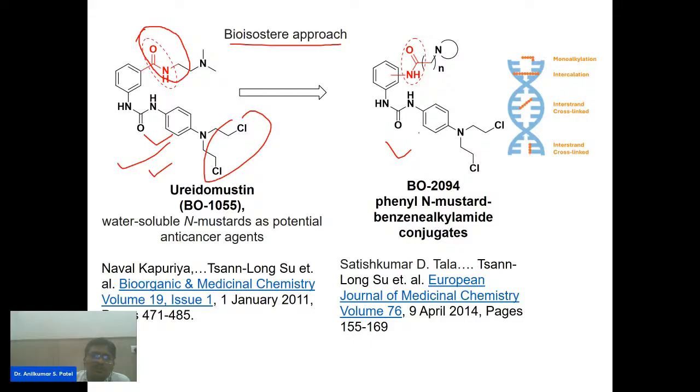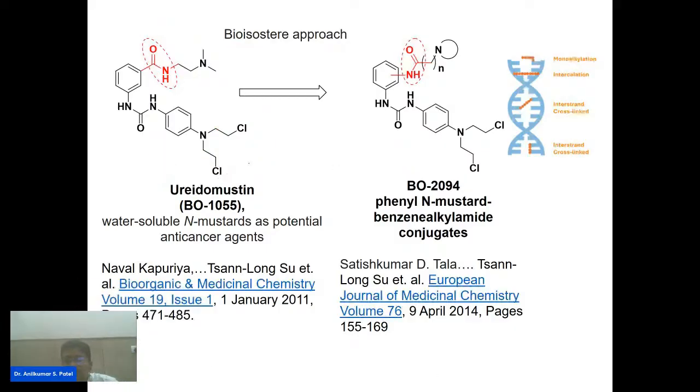BO1055 is a water soluble compound, and BO2094 is also water soluble. Water solubility is very important because, for molecules in our body, the first step is absorption. If molecules do not have the particular solubility, they cannot be absorbed across our cell membranes. They need a particular partition of water solubility as well as lipophilicity to reach a certain concentration in the blood circulation.